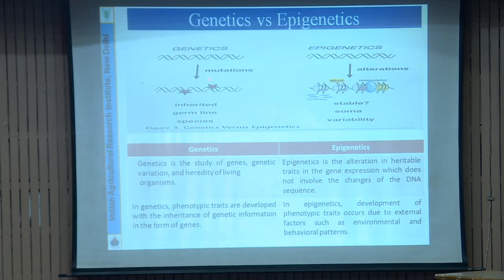They may lead to mutations in a phenotype also. But epigenetic changes do not have any change in the sequence of DNA, still they cause variations in organisms. And those phenotypic changes are because of external factors such as environmental factors, stress factors, behavioral patterns. Those kinds of changes lead to epigenetic change.